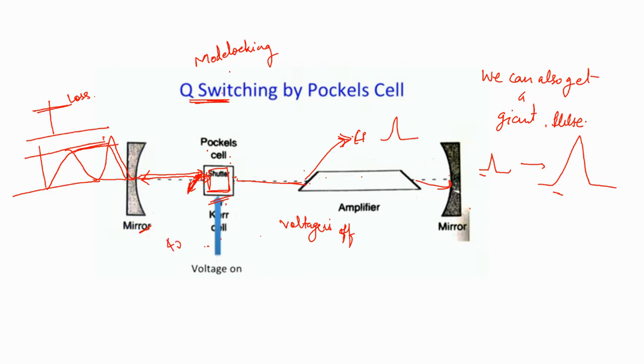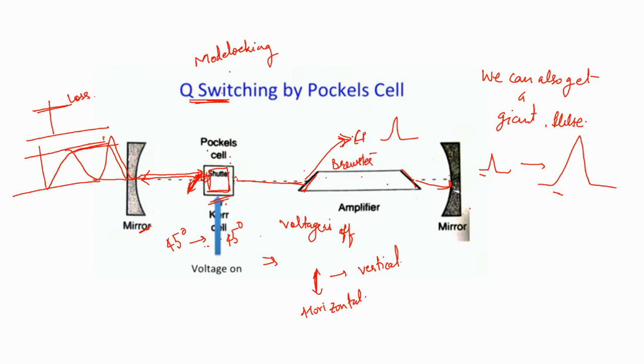When it retraces its path, say initially it was diffracted at an angle of 45 degrees, it is again deflected at an angle of 45 degrees. So what is the total now? Suppose it was horizontal, now it has turned vertical. Because of this, it cannot pass through the amplifier, since it is at what is called the Brewster angle.